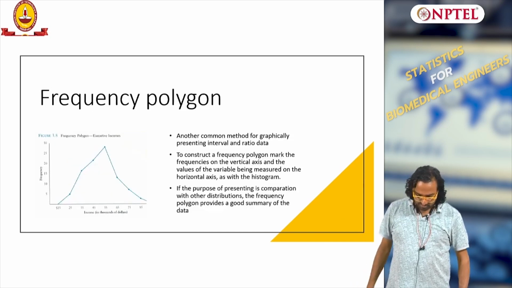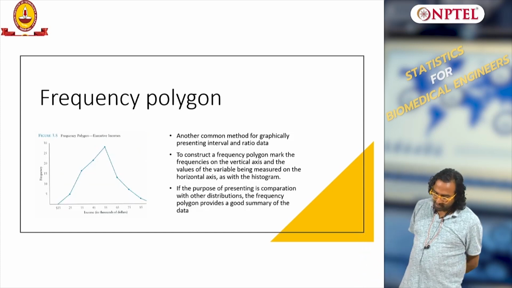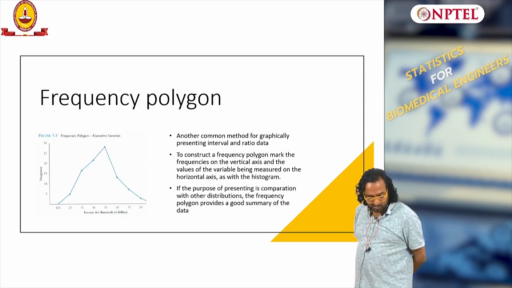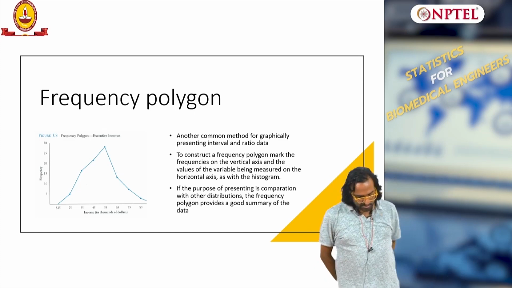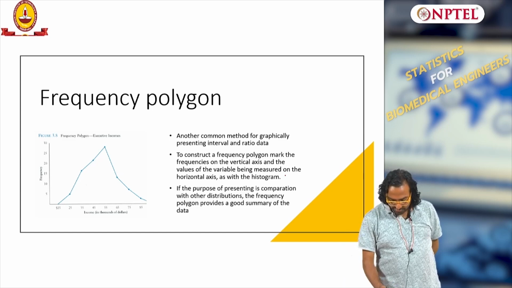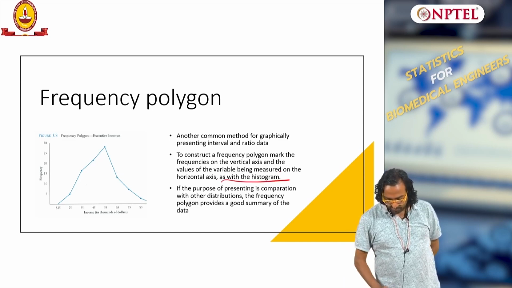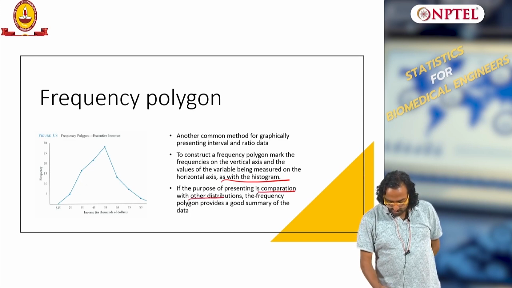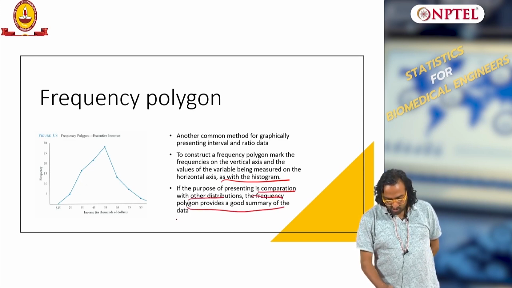And then another common method is called frequency polygons. You mark the frequency on the vertical axis and the value of the variable being measured on the horizontal axis, as with the histogram. If the purpose of presenting is comparison with other distributions, then the frequency polygon gives a good summary.